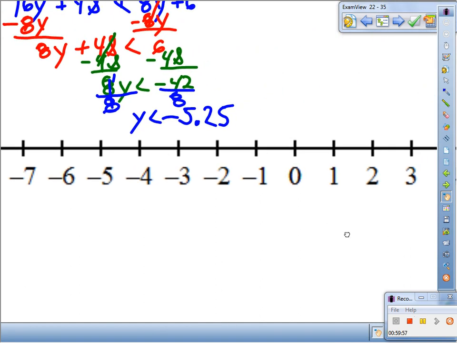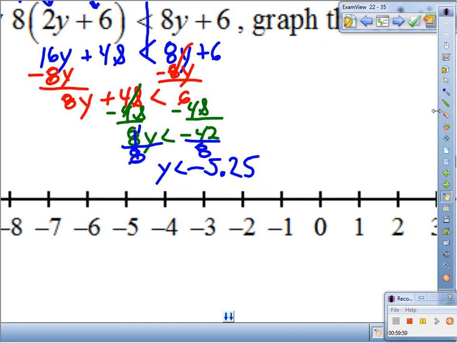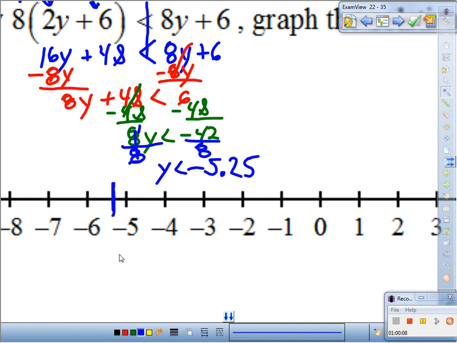Negative 5.25. All right, here it goes. Here's 0. Negative 5 is right here. Negative 6 is right here. 5.25 is about right there. But is it an open or closed point? Open. So you just do an open point right there.